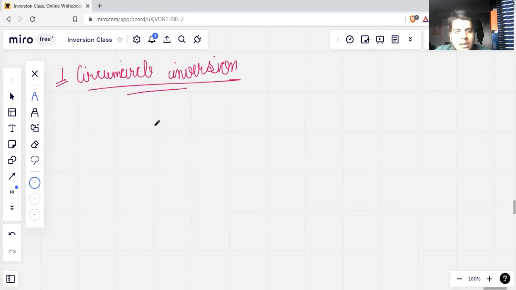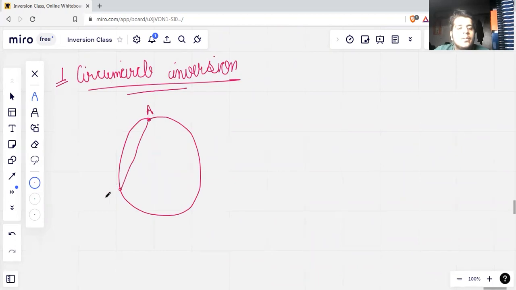What this inversion does is, if you have some triangle ABC with circumcenter O, we perform an inversion with center O and radius OA, which is just inversion around the circumcircle.